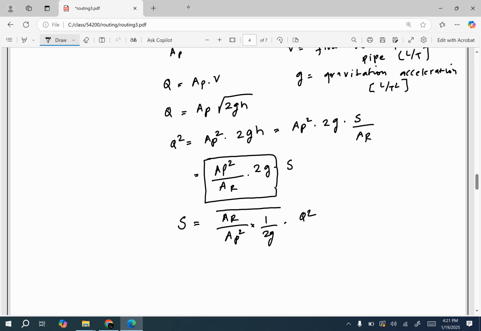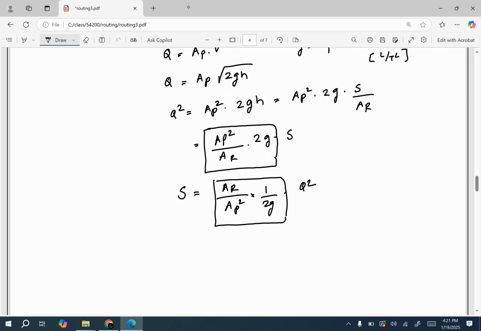If we say that this is a constant, S is equal to KQ squared, where K is our constant.